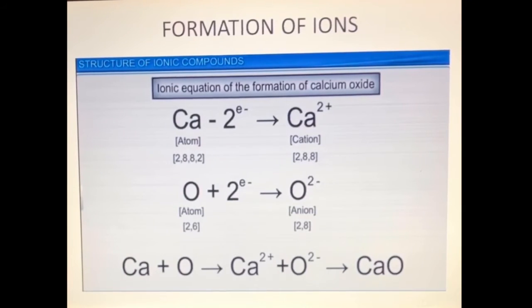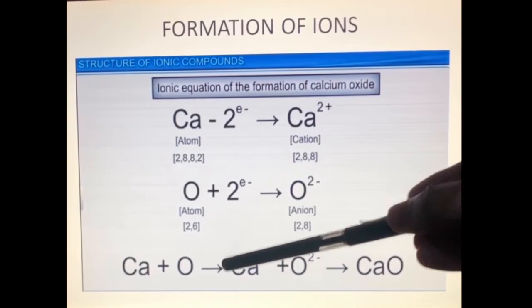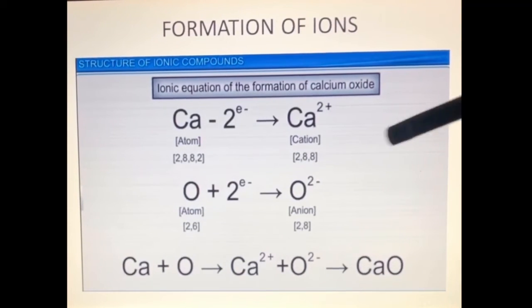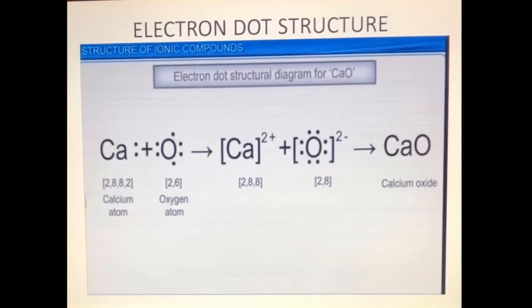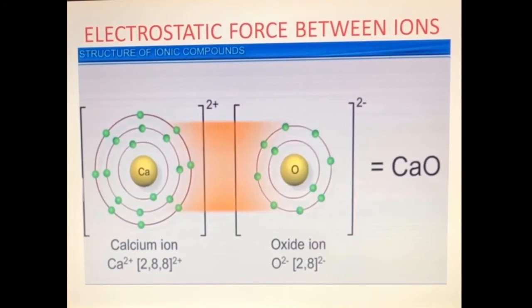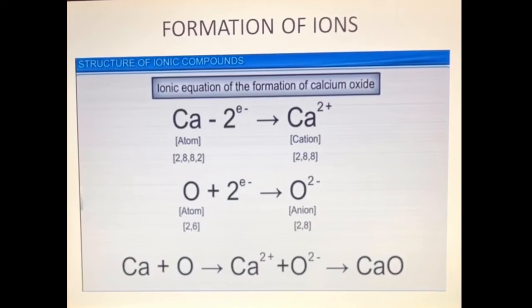Then Ca2+ and O2-, both are ions, they combine by the strong electrostatic force, which is known as ionic bond or electrovalent bond, and the compound is known as electrovalent compound. The ionic equation of this process is Ca minus 2 electrons gives Ca2+ by oxidation, O plus 2 electrons gives O2- by reduction.